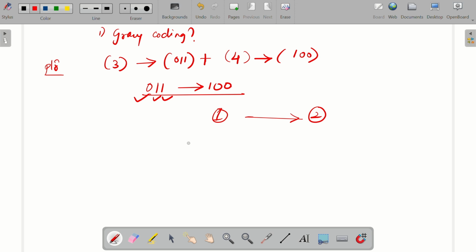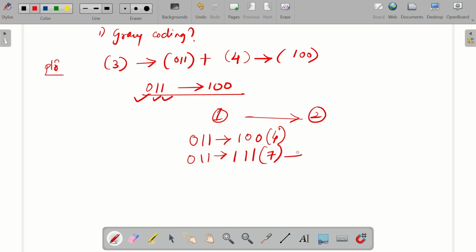What I'm trying to say is, if my pointer is at, let's say, 0, 1, 1 and it is supposed to produce 1, 0, 0, but only my first bit is correctly changed and the rest of the bits remain the same, the rest of the bits have not yet changed. What will my second domain infer? Sorry, it will infer that my pointer information is 7 instead of 4.